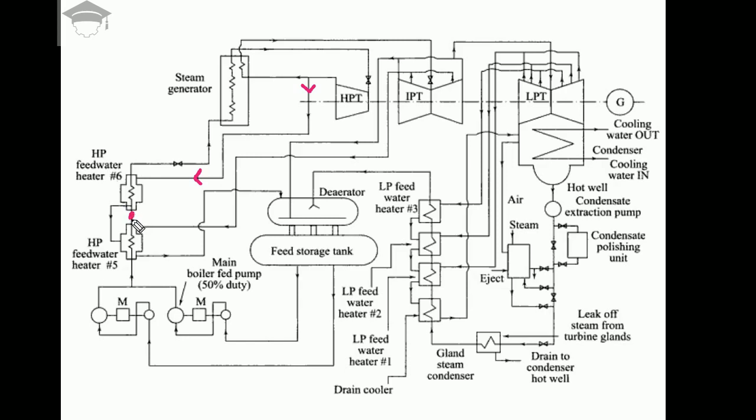This is a counter flow heat exchanger; basically all the feed water heaters are counter flow heat exchangers. So liquid water from this point to this point further picks up heat and raises its temperature and pressure, and this steam returns back and finally to the deaerator. Okay, till this point we are clear.